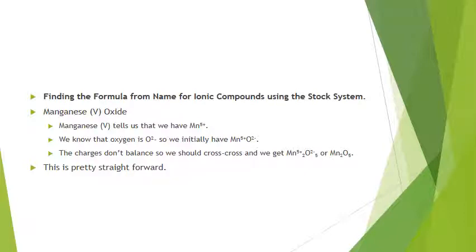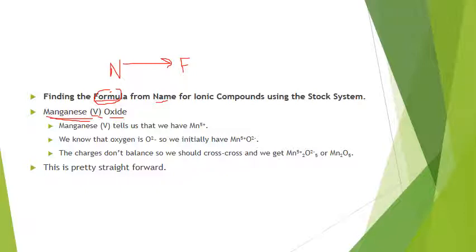So we can do this two ways. You can go from the formula to name, using the stock system, or the other way around. We're going to look first at getting the formula from the name. So name to formula, and you can see that's going to be pretty easy, and then we'll do the other in the next couple slides. So let's say I have manganese 5 oxide, right? And I'm just going to give you this.